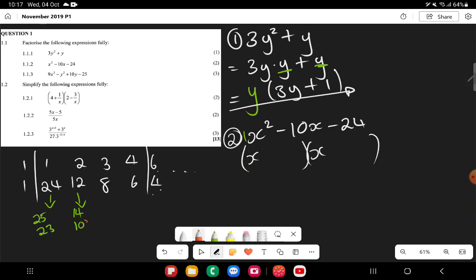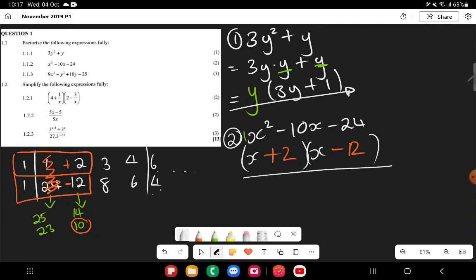That's exactly what I want. I want negative 10, which means my 12 is going to be negative and my 2 is going to be positive. So this is my first bracket and this is my second bracket. X plus 2 and x minus 12. And that, ladies and gentlemen, is the answer to that question.